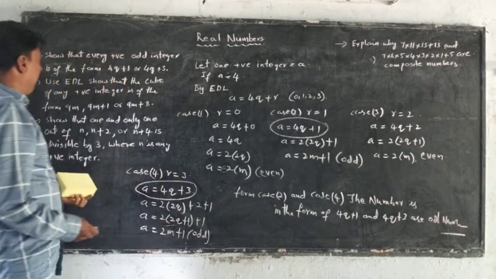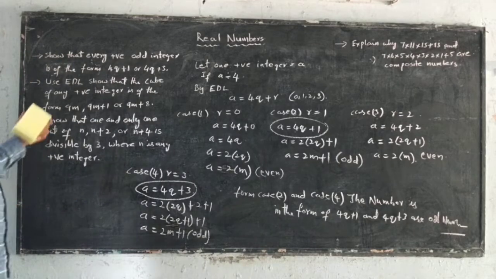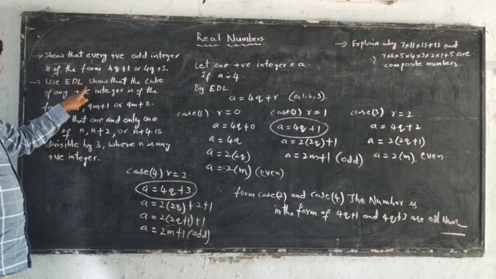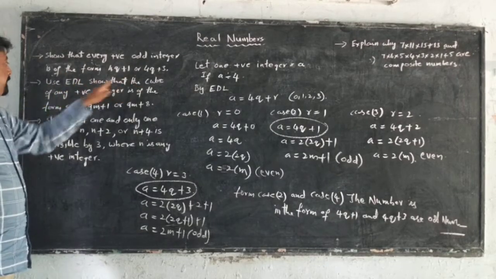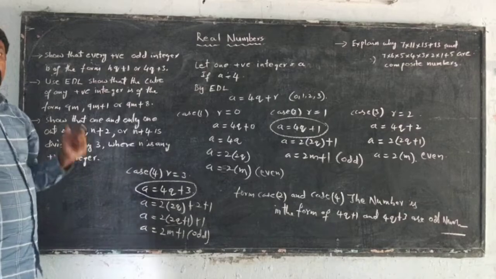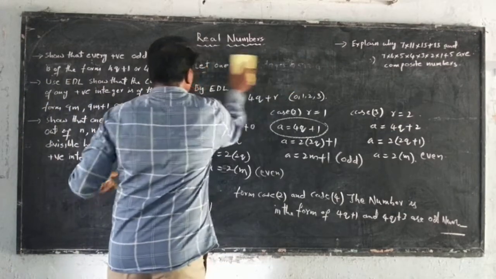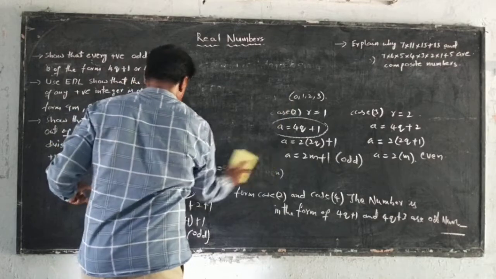Shall I go for the second statement? What is my second statement? By using EDL, Euclid's division lemma, show that the cube of any positive integer is of the form... So I want to remove this.